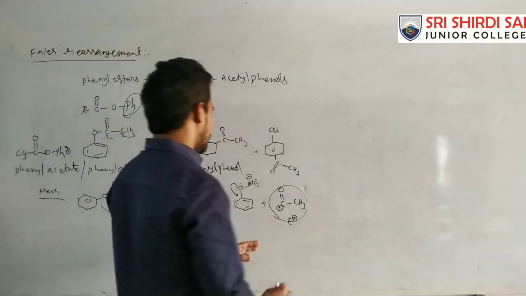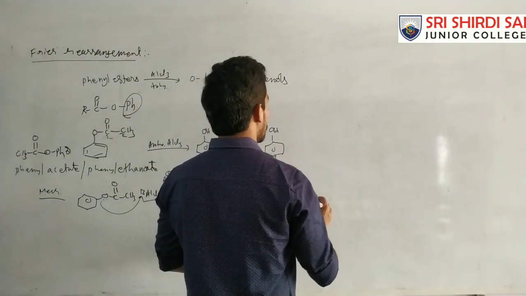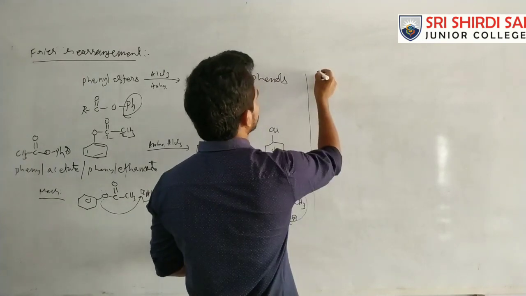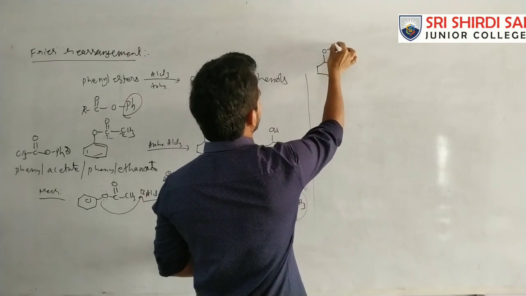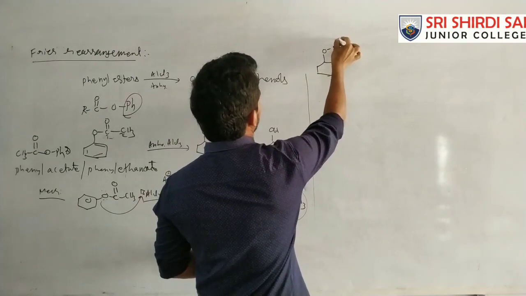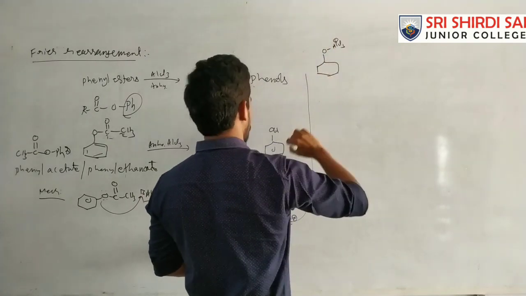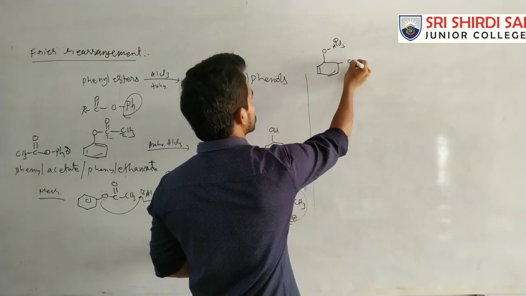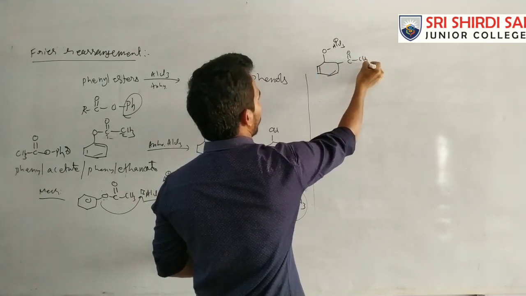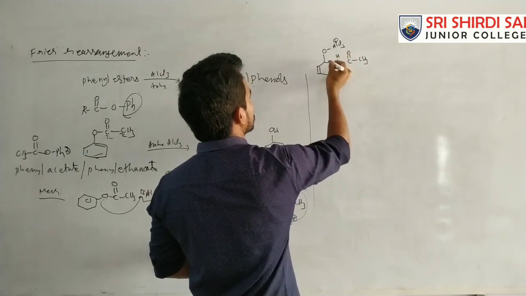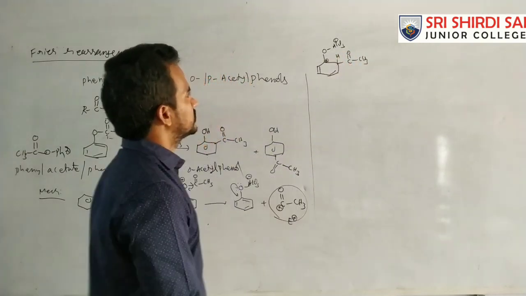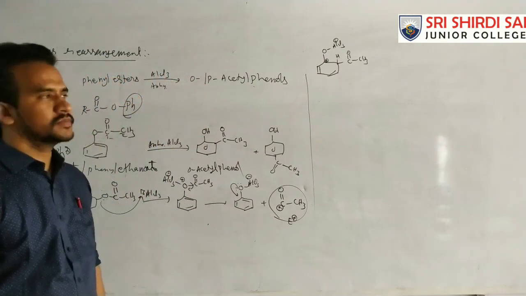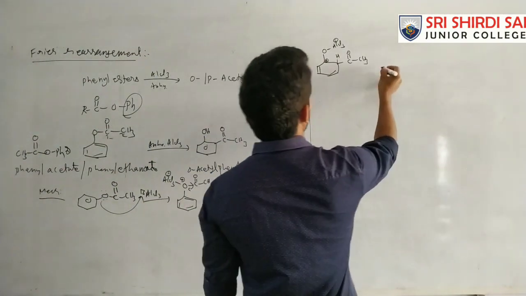Now here this one attacks on either the ortho position or para position. Negative charge. Pi bond, C=O, CH3. Here a hydrogen. Then this carbon carries a positive charge.